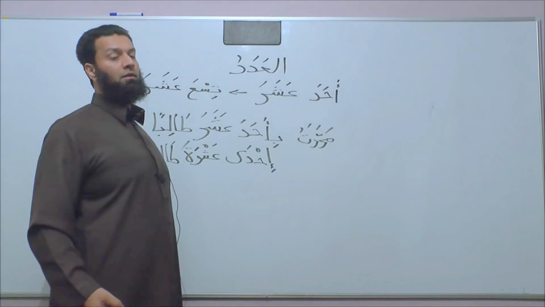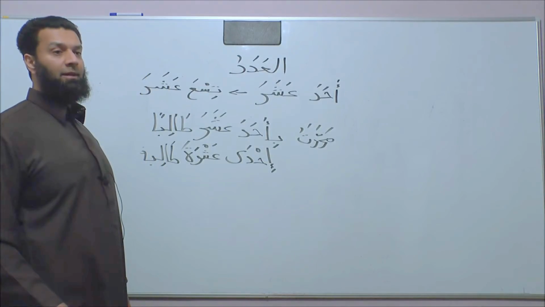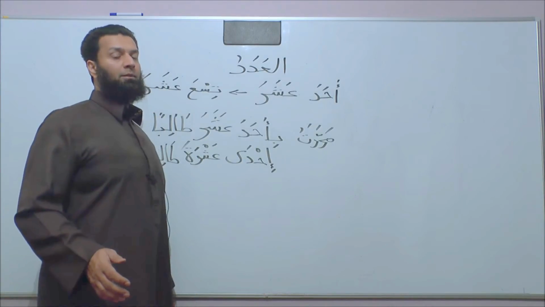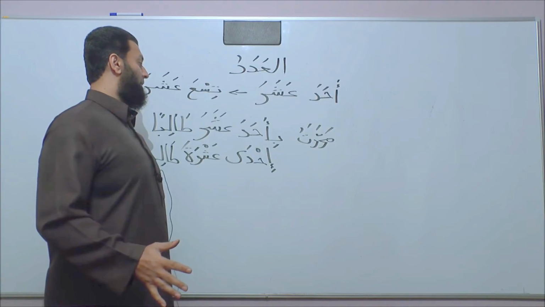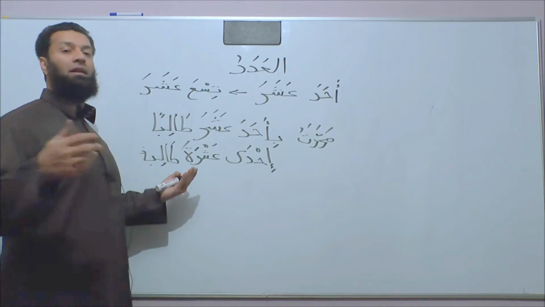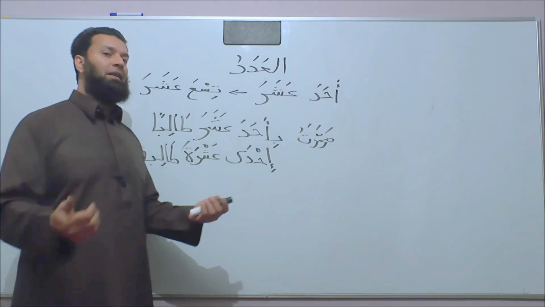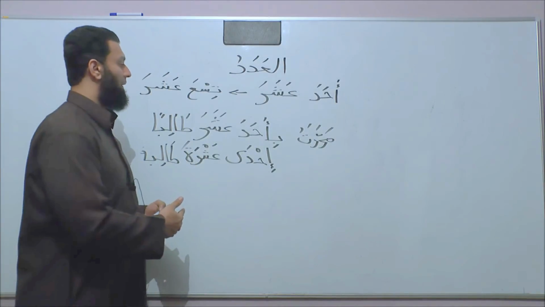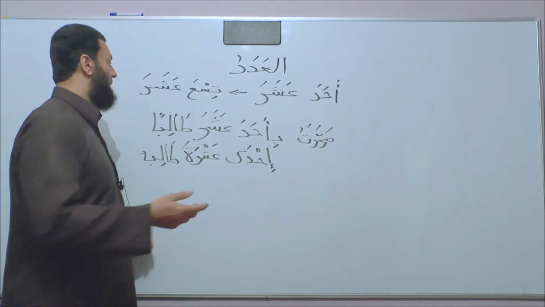Can you make that into an idafa by any chance? It wouldn't, would it? Because the number always comes first in 11. You couldn't make it into an idafa because it's not an idafa. You can only connect one ism to another in order to make an idafatun.